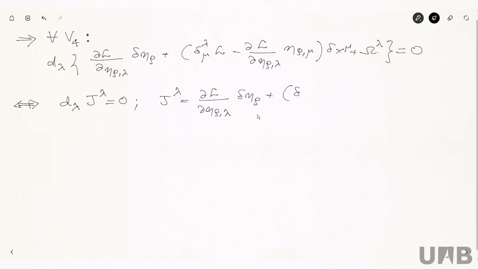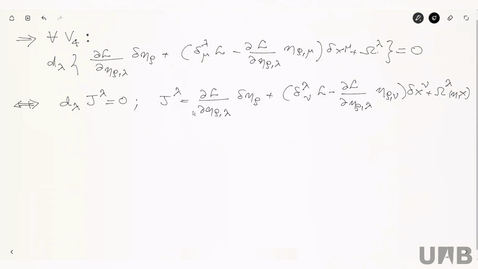Lambda, delta lambda nu L minus dL d eta rho comma lambda delta eta rho comma nu delta x nu plus omega lambda of eta and x.